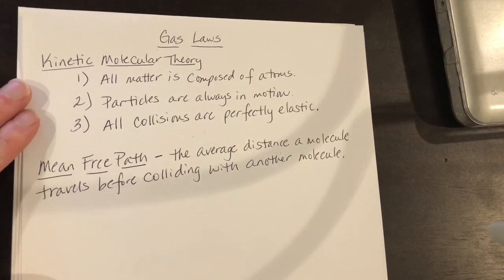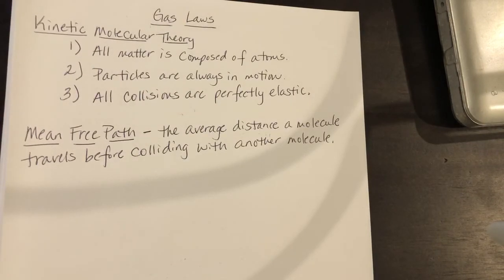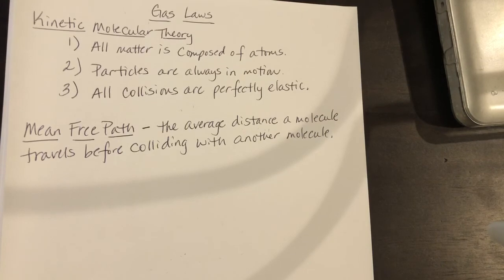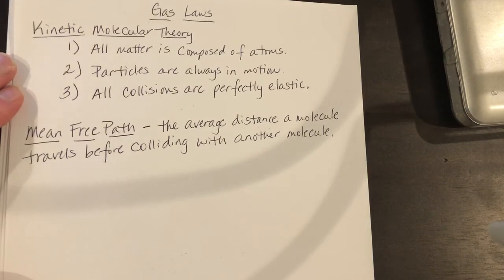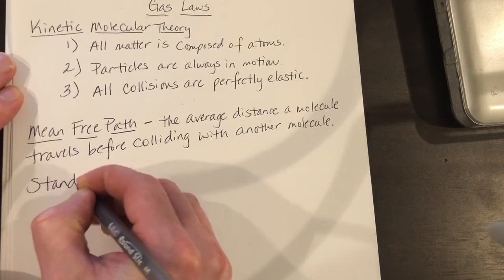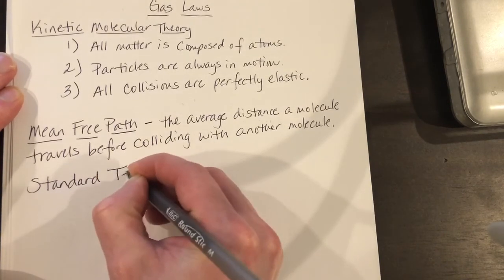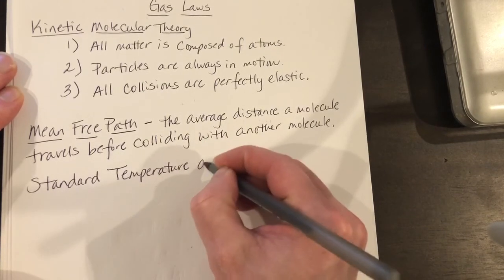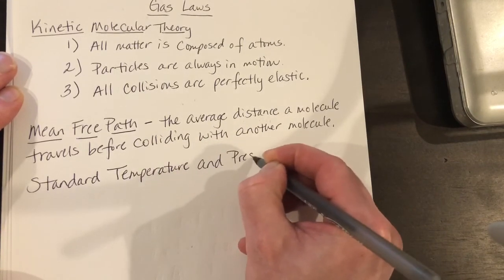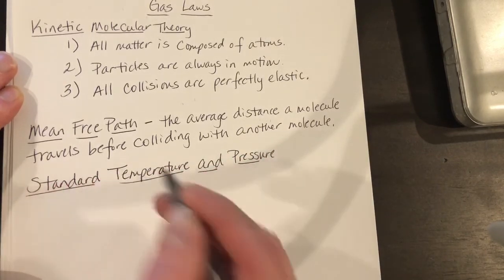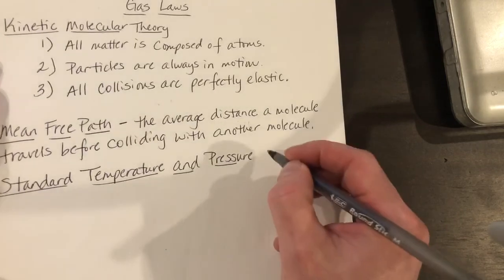Okay. So I thought we would talk about a few different things before we get into actual gas law questions. So you're going to have something called standard temperature and pressure. Okay, also known as STP.